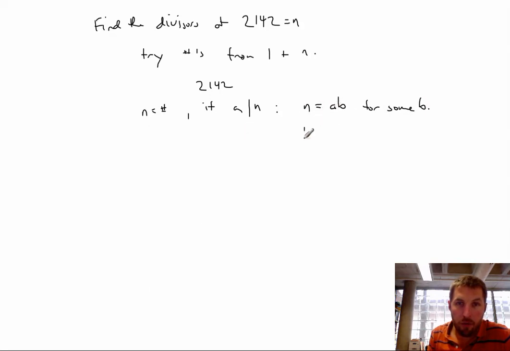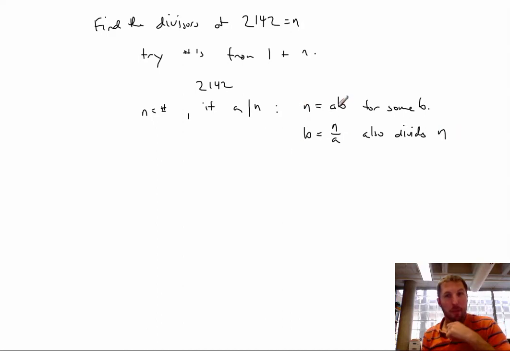So we know also that b is equal to n over a, which also divides n. So there, for the price of 1, we got 2.